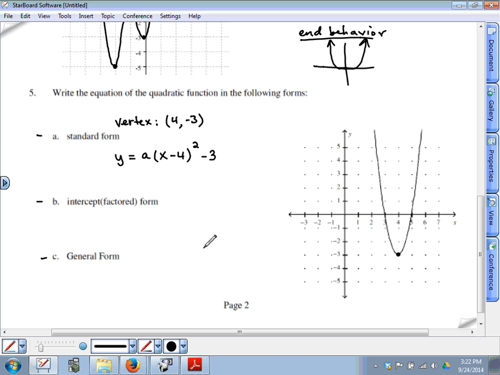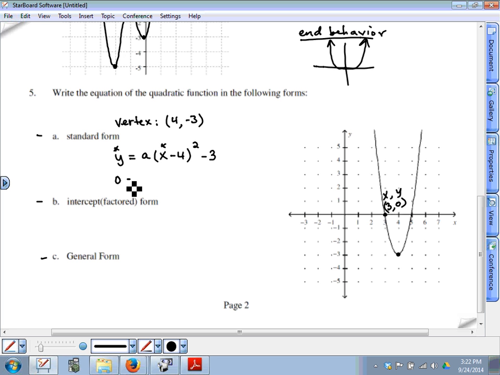So what you do is you locate another point on the graph that is easy to locate. For example, this point right here. I know for sure that the graph is crossing through the point (3, 0). So that gives me an x value and a y value, which I can plug in for this x and this y right here to help solve for a.